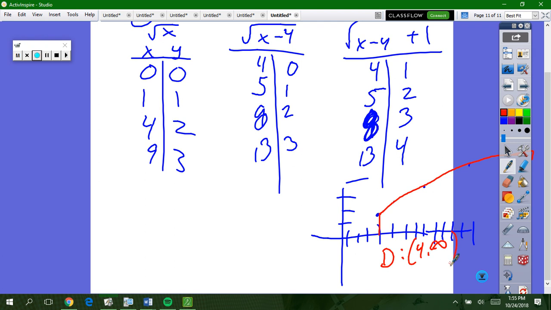Set builder would be x such that x is greater than or equal to 4. Wouldn't that be like bracket, it would be. What's my range? How low does the graph go? Goes to 1. How high does it go? Infinity.